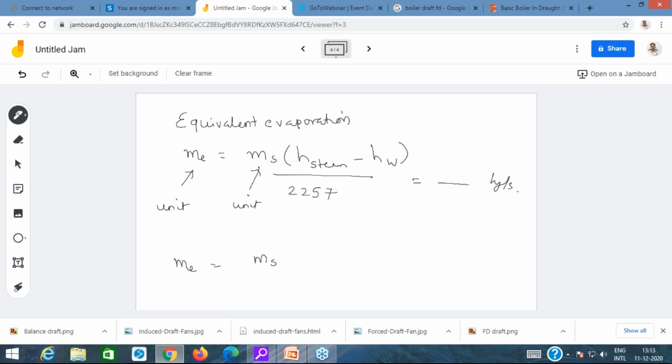I want you to do these calculations. Okay. I want two answers. One answer in kgs per second and other answer in kg of steam per kg of fuel. Okay. That means here I need to divide this by Mf.